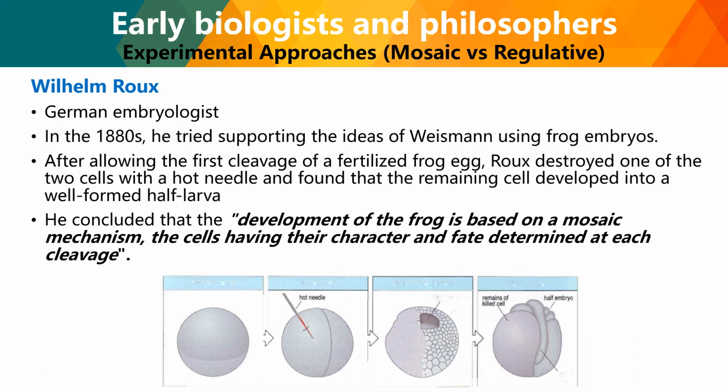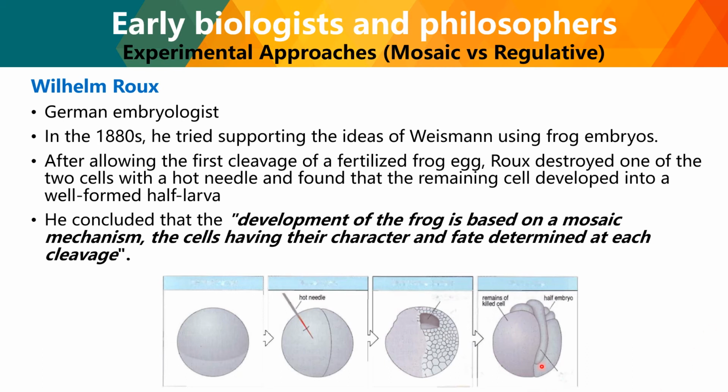So in here, he already presented an experimental approach wherein, when the cell divides, one of the daughter cells is manipulated, and he still saw that he can produce a well-formed half larva even if he manipulated the egg itself.